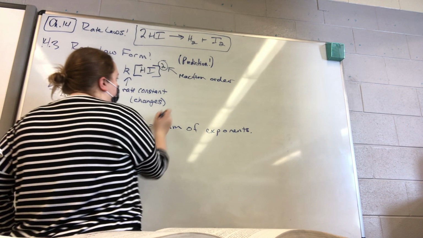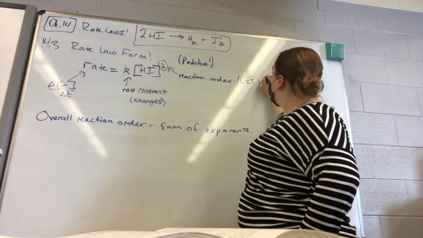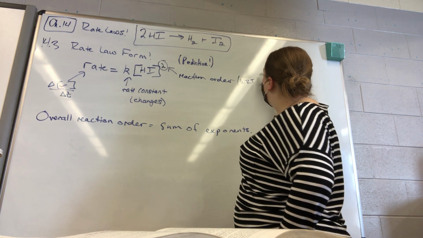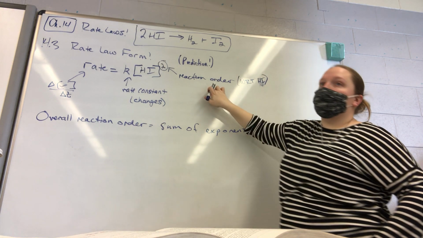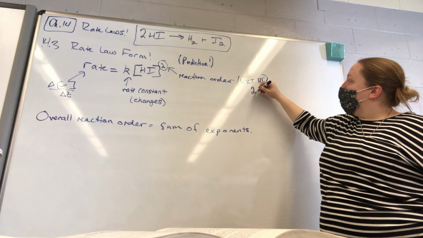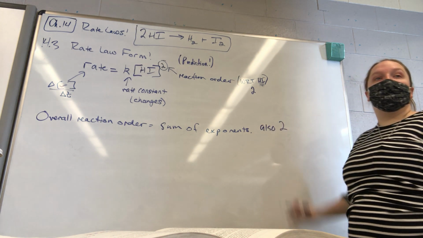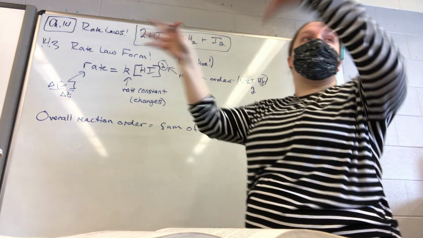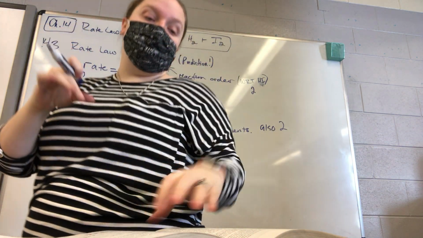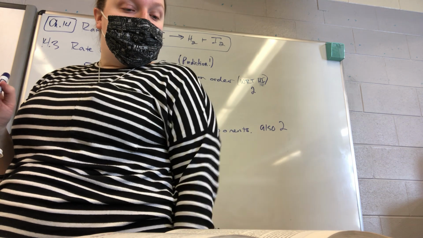So the overall reaction order for this one, with respect to HI, the reaction order is 2, right? The overall reaction order is also 2. So remember, we can talk about reaction orders with respect to each reactant. We can also talk about overall reaction order. Add it all together, tell me what the overall order is. Okay.